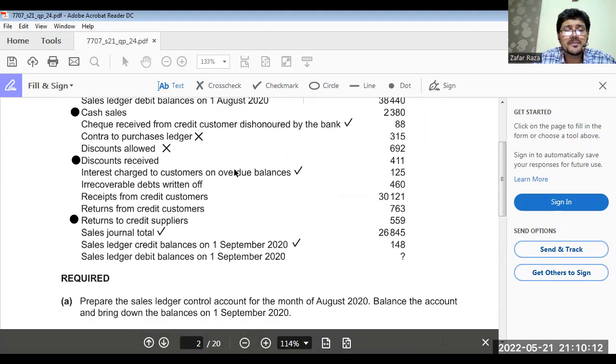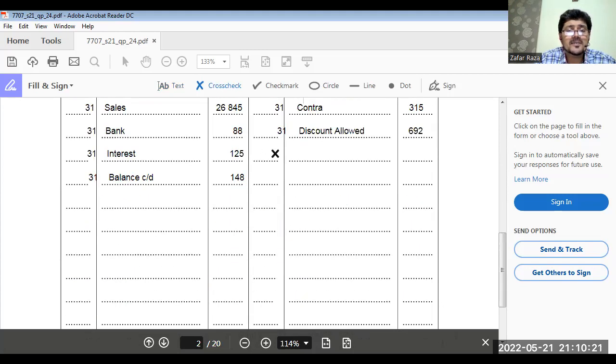Let's move. Bad debts or irrecoverable debts. Irrecoverable debts.